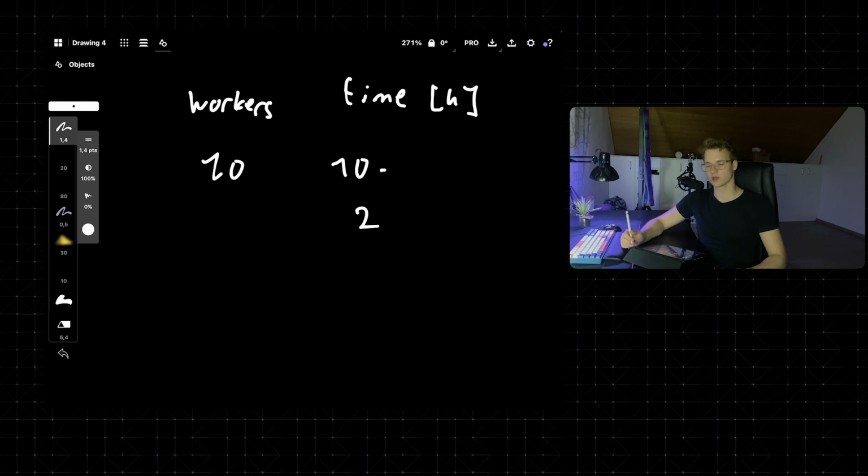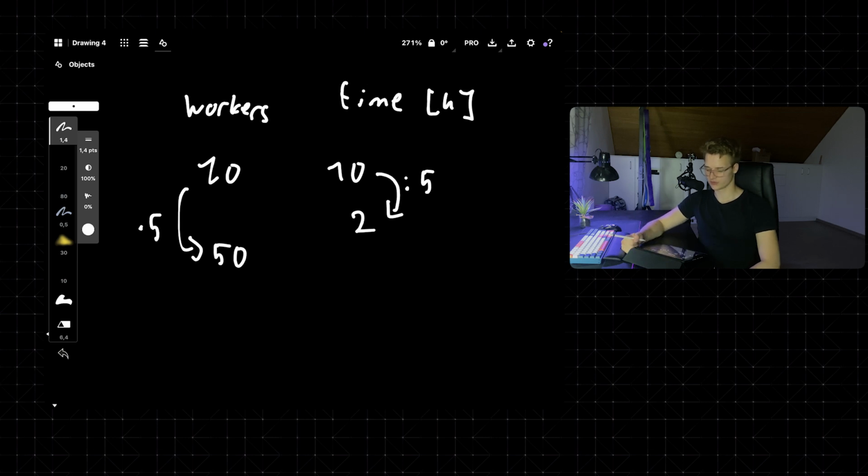Well, here, the principle is that if you increase one, then the other one is going to be decreased. So we have to actually use division and multiplication only here. So to get from 10 to 2, you can only use multiplication, or you can use division. In this case, we're going to be using division. So 10 divided by what gives us 2? Well, 5. And if we divide this side by 5, we have to multiply the other side by 5. So you need 50 workers to get the time down to 2 hours only.